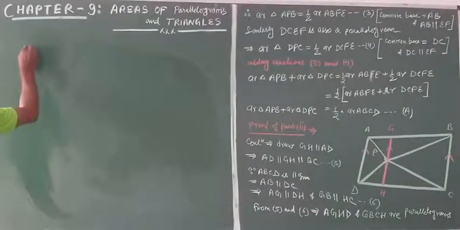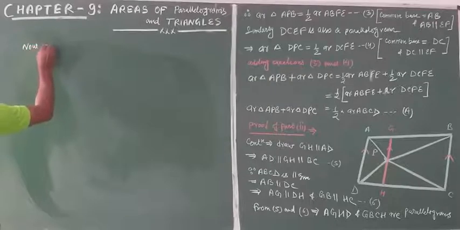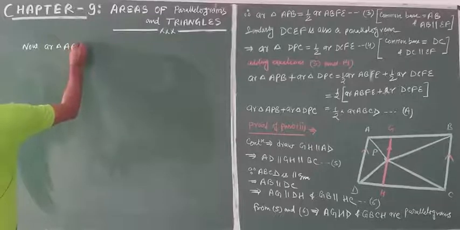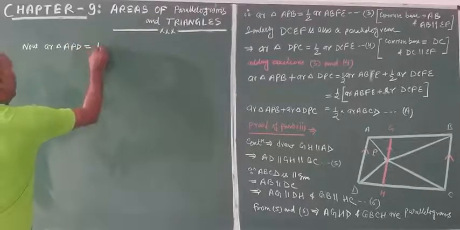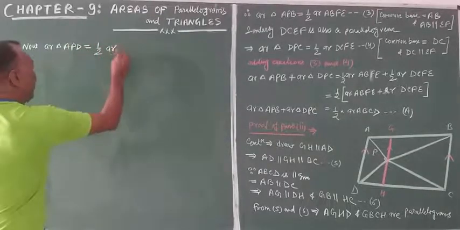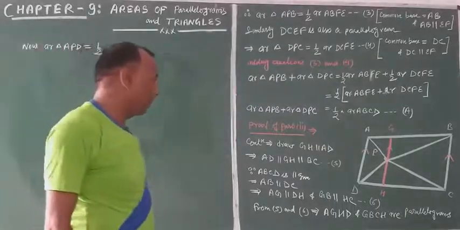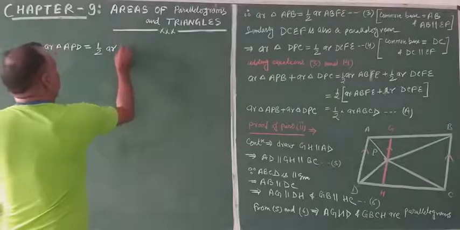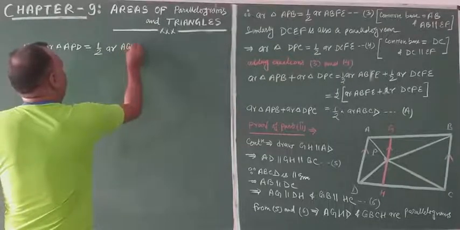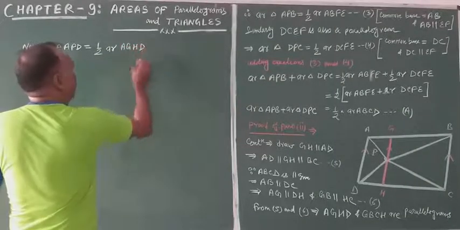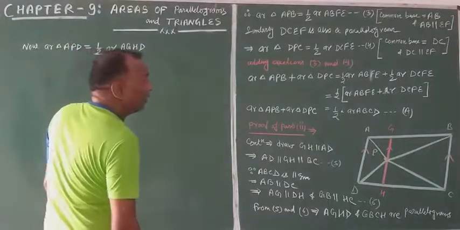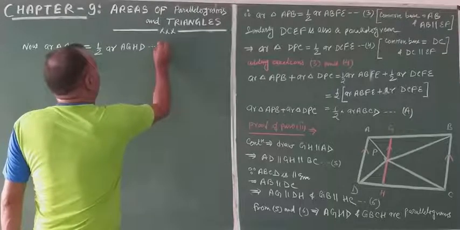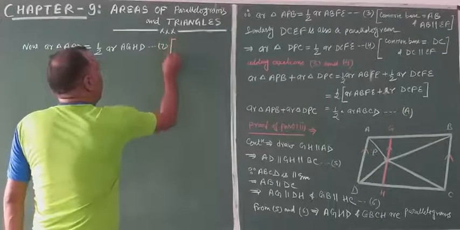Now, area of triangle APD will be half of area of AGHD, and this is equation number 7. What is the reason behind this?